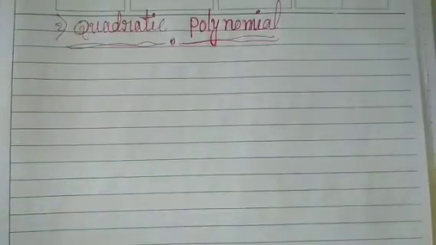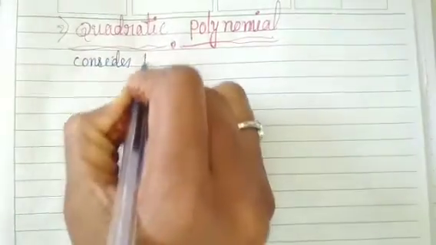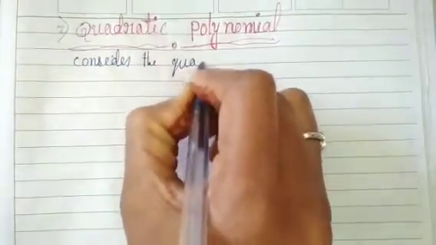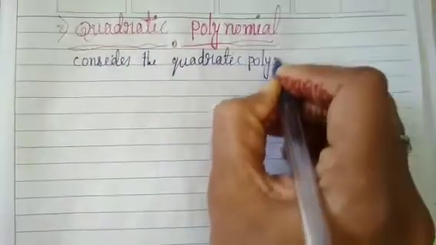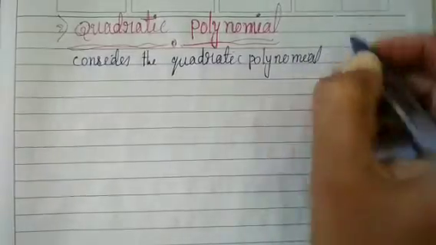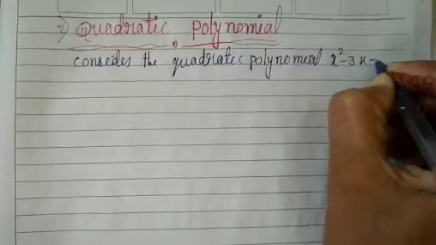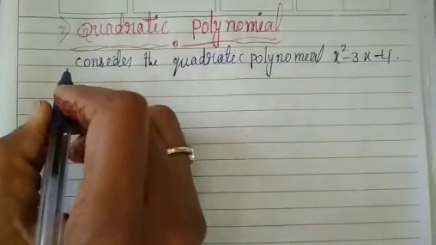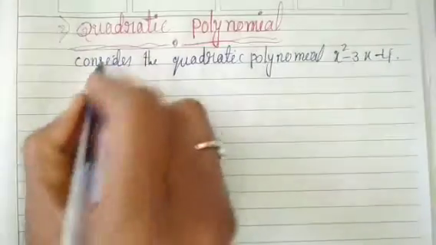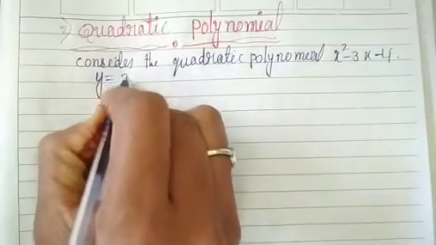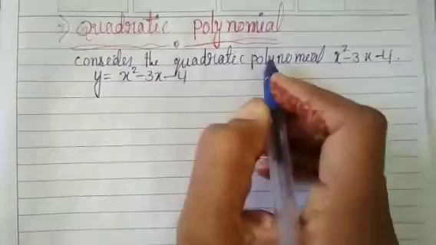Consider the quadratic polynomial x square minus 3x minus 4. Now let us see what the graph of y is equal to x square minus 3x minus 4 looks like.